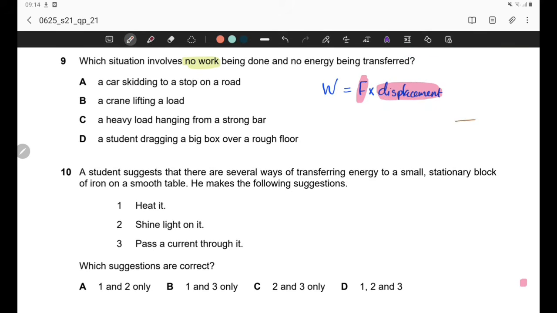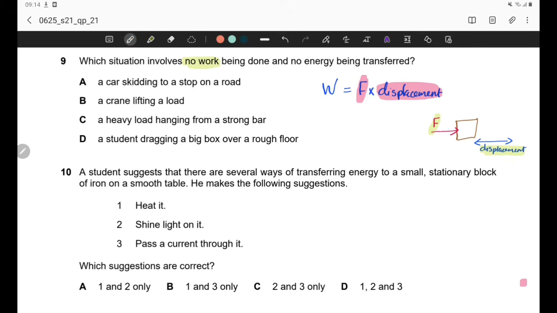For example, if you have a box and if you apply a force F on this box, and because of this force, this box is displacing or moving some distance, so we can see the force has been applied, and because of the force a displacement also happened. The box has displaced. In this case the work has been done.